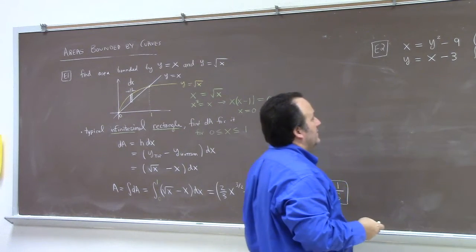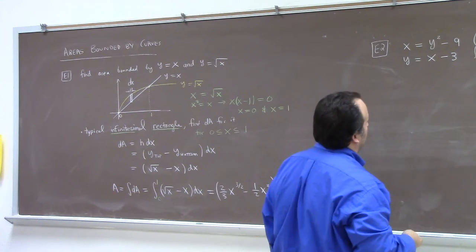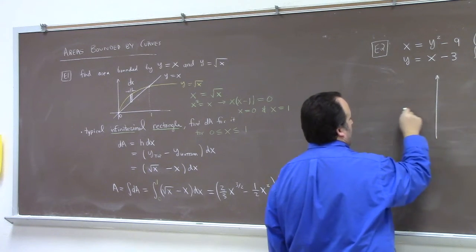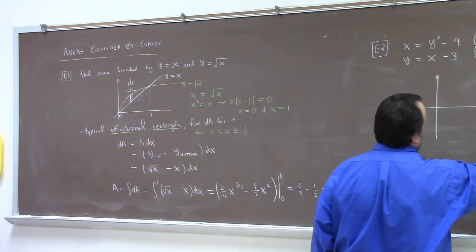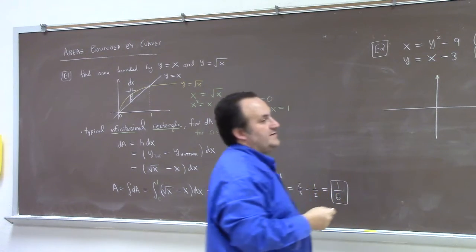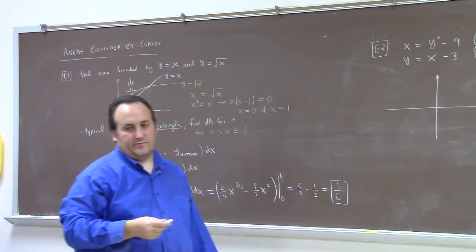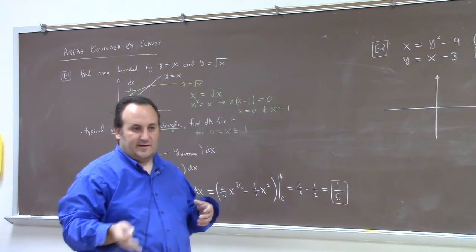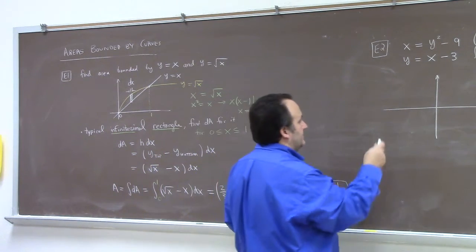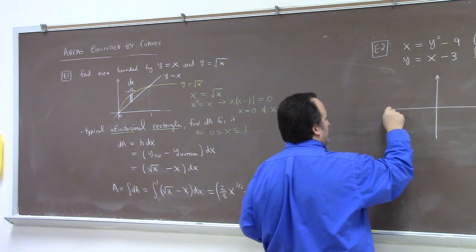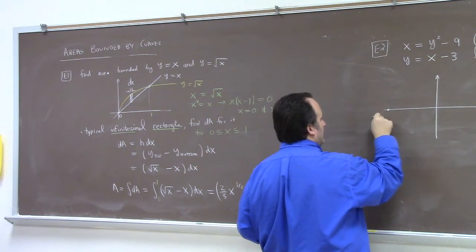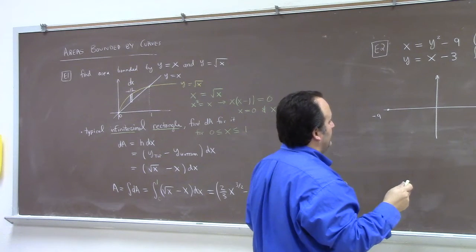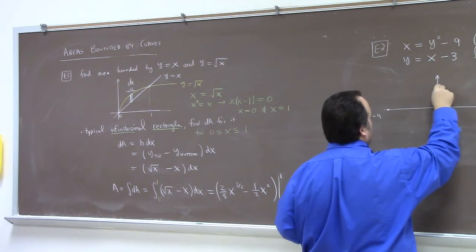First of all, we'll draw the tricky part. x equals y squared minus 9. That's a parabola that opens sideways. It has an x-intercept of minus 9, and it opens to the right. When x equals 0, you get y equals plus or minus 3.